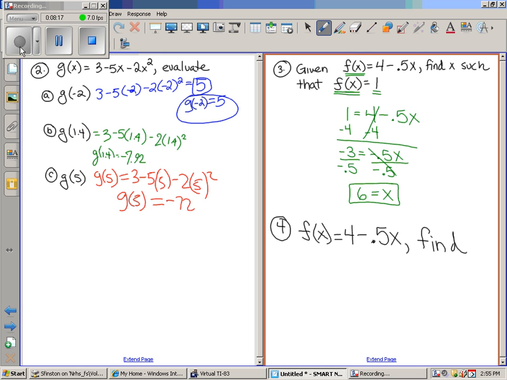Find f at 1. How would you figure that out? Where are you going to sub the 1 in for? Good. So there's two situations. F at 1 equals 4 minus 0.5 times 1.